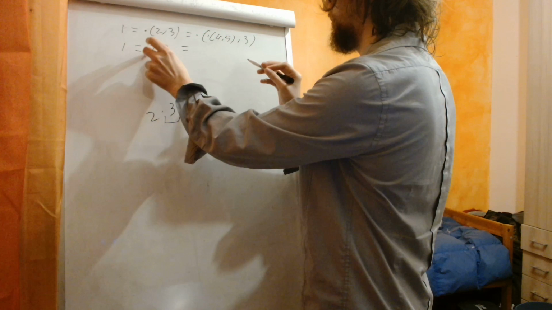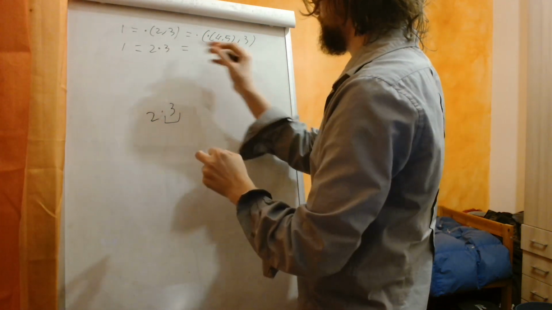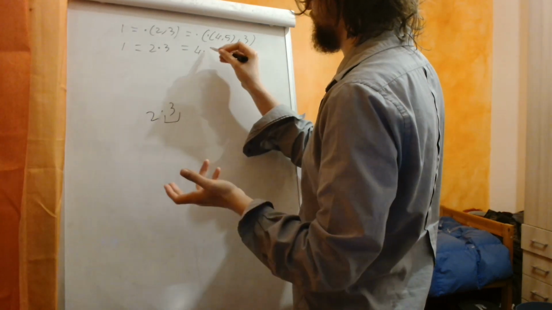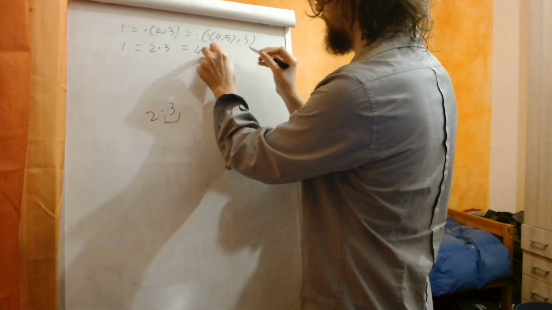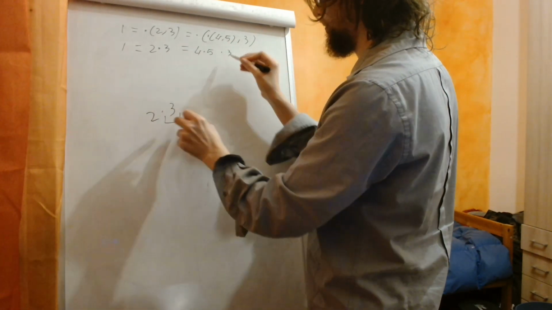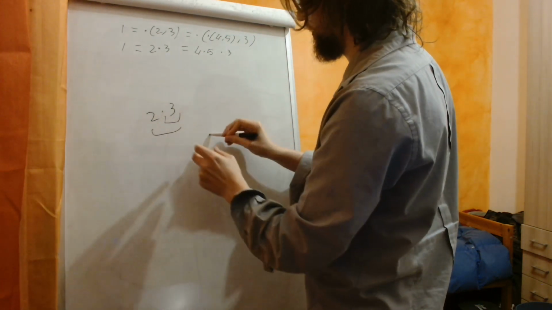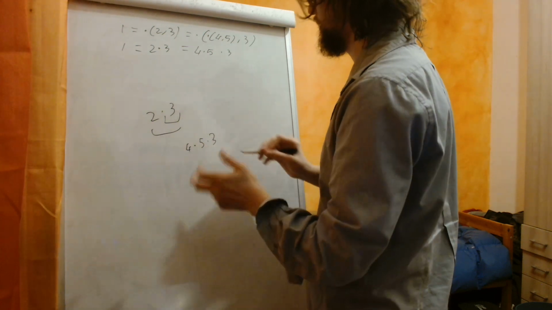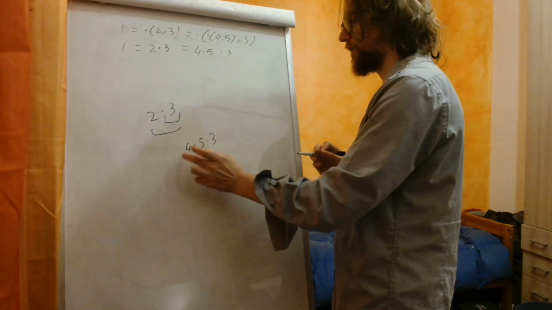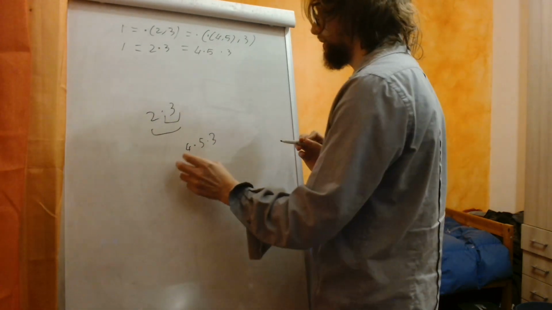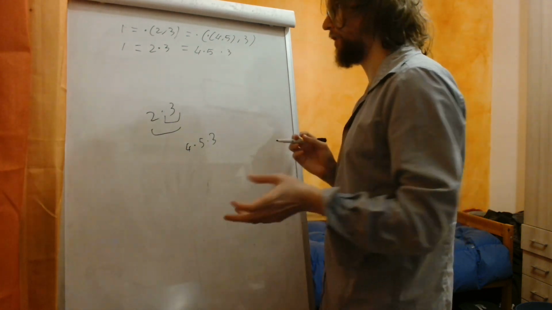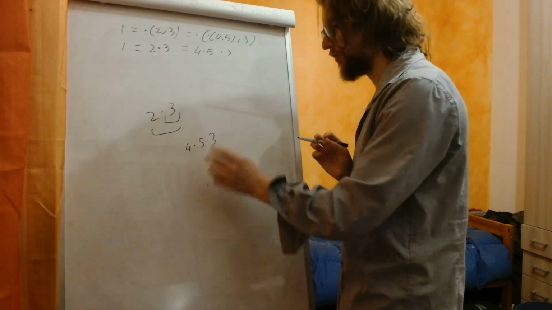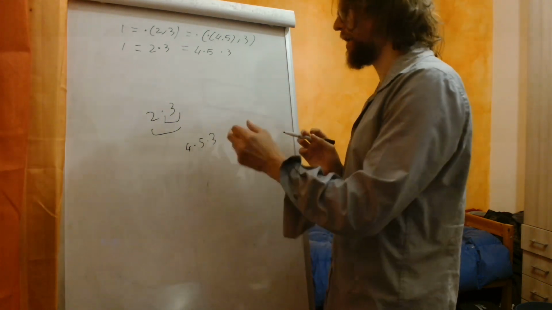And if we discover that 2 is the operation between 4 and 5, we can say that 2 is like doing 5 and then doing 4. So this is equivalent to doing 3 and then doing 5 and then doing 4. So we are giving an order, we are thinking about an order. But what's the trouble with this? Because we are relating something very abstract to something concrete, which is doing operation after operation.